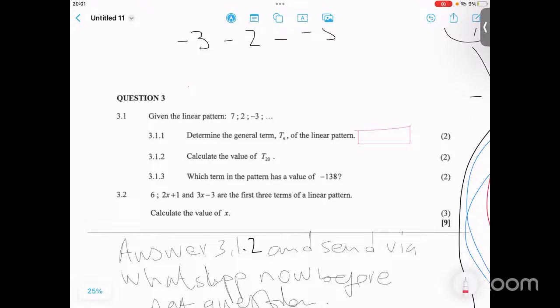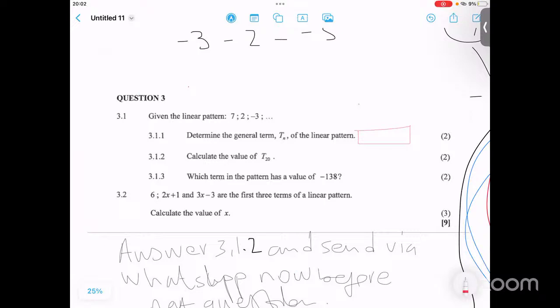Precious, I'm going to send you the two scripts for Bujani so that you will see what she has done initially and how she corrected it. Because I see here you say you've never seen this type of problem before, but look at what Bujani has done there. She has done it correctly, then forgot the bracket. I want you to see where she puts the brackets there.